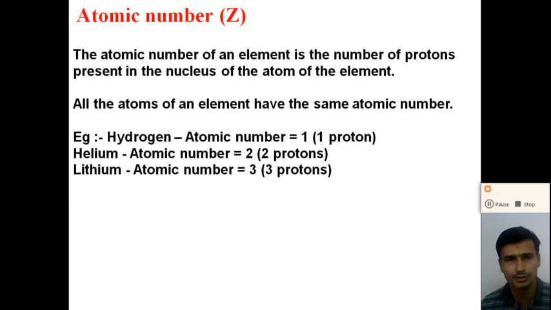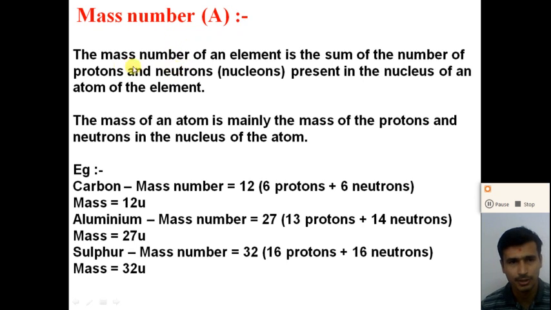So hydrogen, helium, lithium, beryllium, boron, carbon, nitrogen, oxygen, all the atomic numbers were given in the previous video, right? So you have to remember the atomic numbers of all the first 18 elements, and the atomic number of an element is the number of protons or the number of electrons present in the atom. So understand, dear student, what the atomic number is: the number of protons present in the nucleus of an atom of the element. From this atomic number we can calculate the number of protons in the nucleus and the number of electrons in the orbits. Now the second number is the mass number, right?